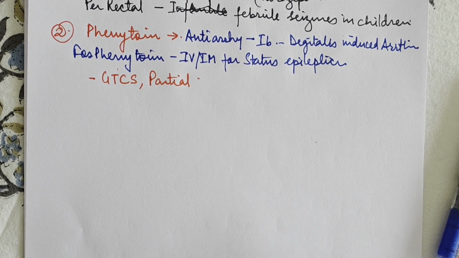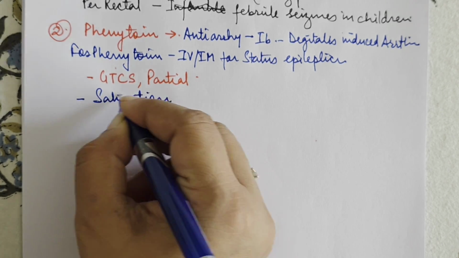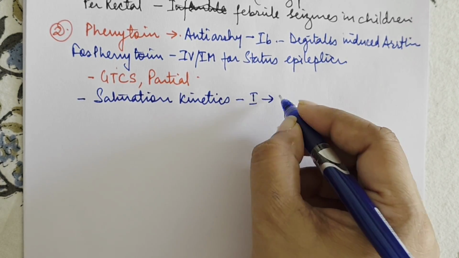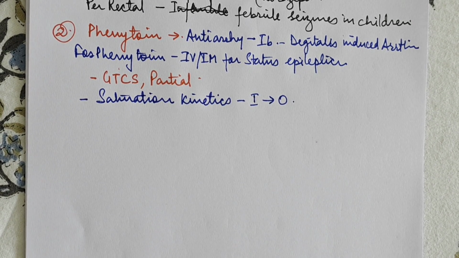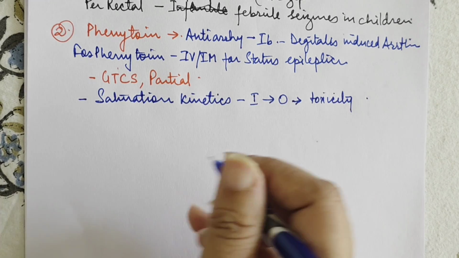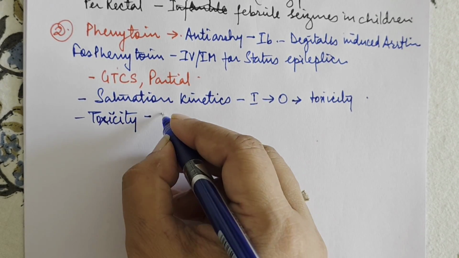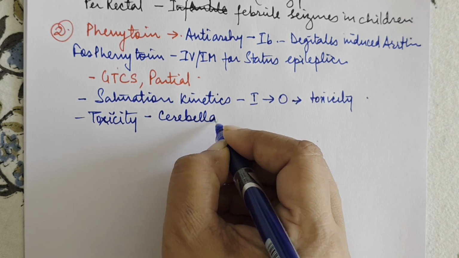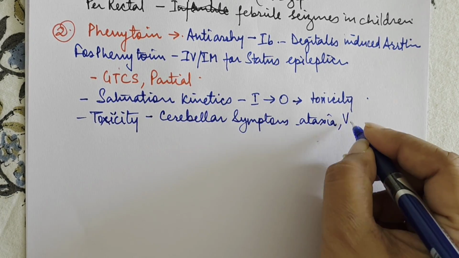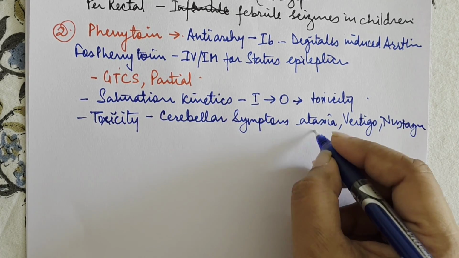Then phenytoin has some important features. Phenytoin causes saturation kinetics. That means as the concentration increases, the metabolism changes from first order kinetics to zero order kinetics, and then in zero order kinetics there is accumulation and toxicity of the drug that can occur. When toxic, the oral dose can result in cerebellar symptoms, that is ataxia, vertigo, nystagmus, and diplopia.